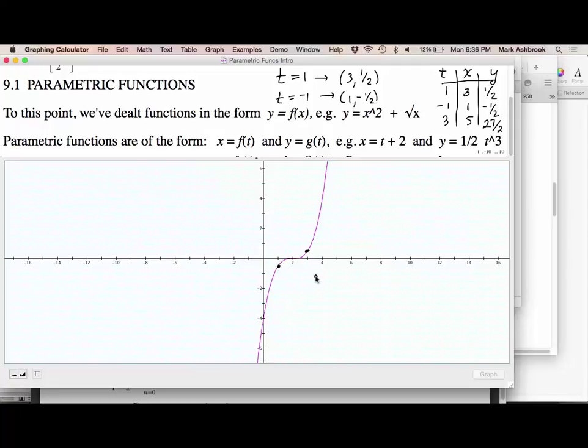And then when t was 3, 5 is off the screen. So let's do 2. When t equals 2, what do we got? Oh, t equals 2, right? So (4, 4).